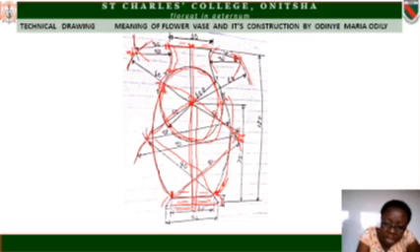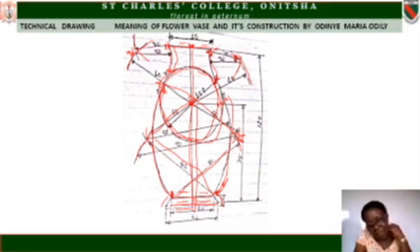Where this arc touches the big circle, T is a point of tangency. The principle there is joining two arcs externally. Where the arc touches the straight line, 40 millimeters, is the first principle, join an arc with a straight line. We have completed the construction of a vase.